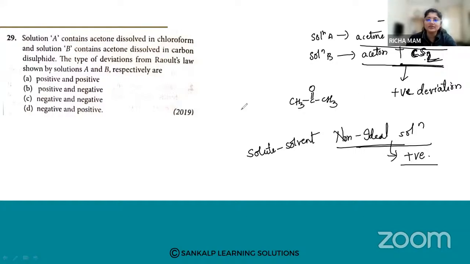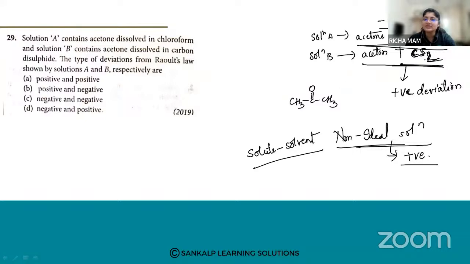And when you have acetone and chloroform, why do they show negative deviations? Because the intermolecular forces of attraction between the solute and solvent are stronger as compared to the solute-solute and solvent-solvent interactions.